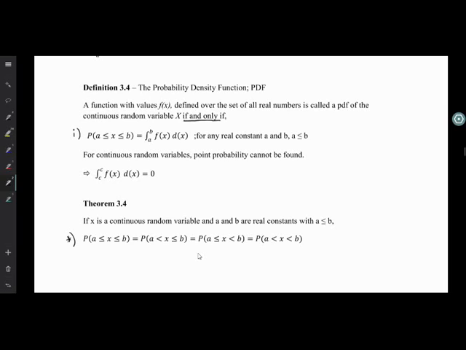But when it comes to continuous random variables, since the point probability is 0, including a or including b in your interval does not matter, because at X = a or at X = b, they are the point probabilities, which are 0. So whether you include it or not does not matter. All of these probabilities are the same. But in the discrete case, that is different.